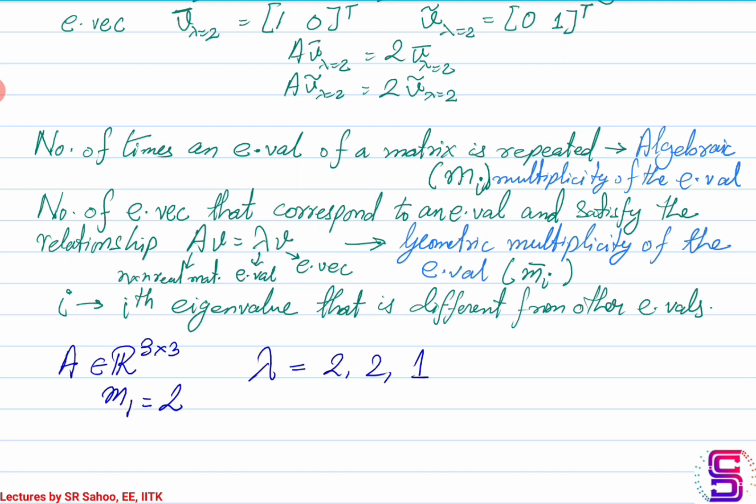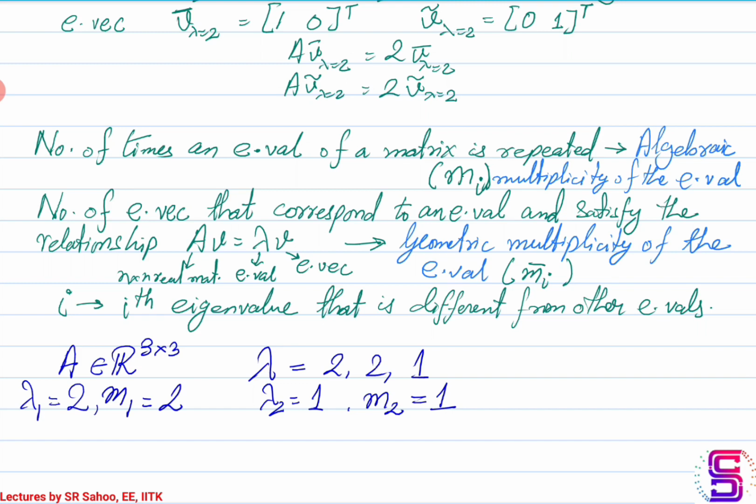Here lambda 1 is 2, the first eigenvalue, which is different from 1. Similarly, 1 would be the second eigenvalue, lambda 2 equal to 1, and the corresponding algebraic multiplicity is 1.